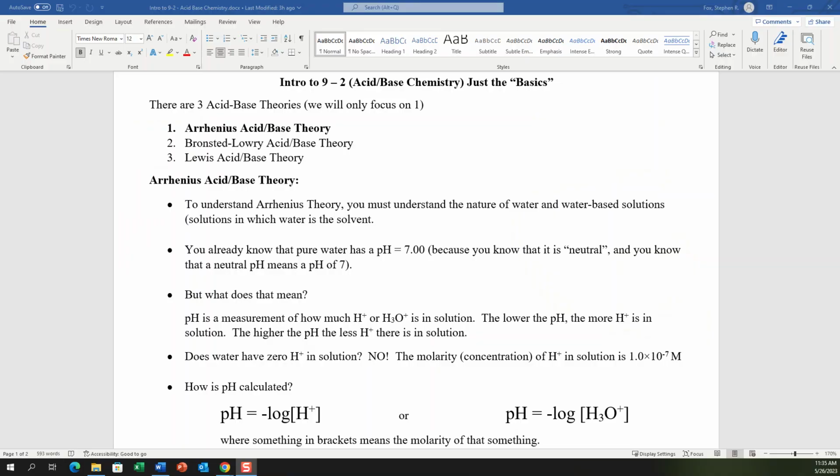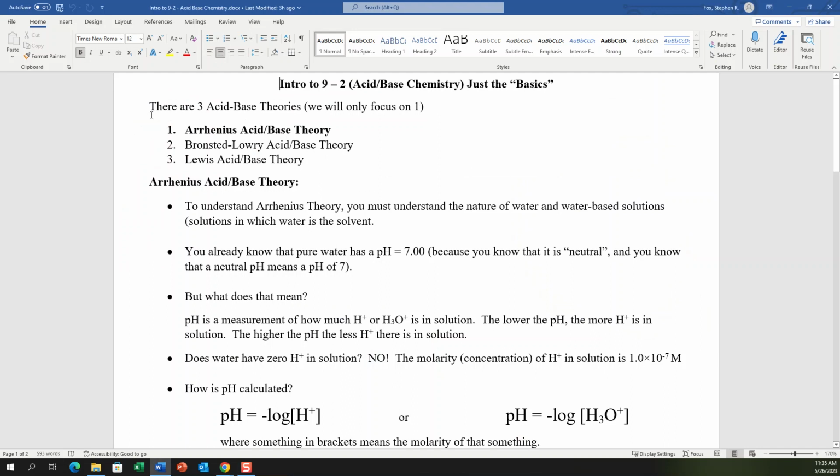So again, technically there are three acid-base theories, and these are the names of them: the Arrhenius acid-base theory, the Bronsted-Lowry acid-base theory, and the Lewis acid-base theory. What makes something an acid versus a base depends on what theory you're talking about.